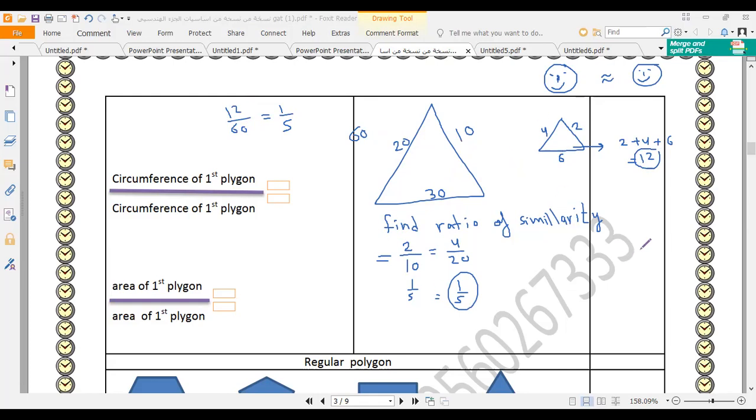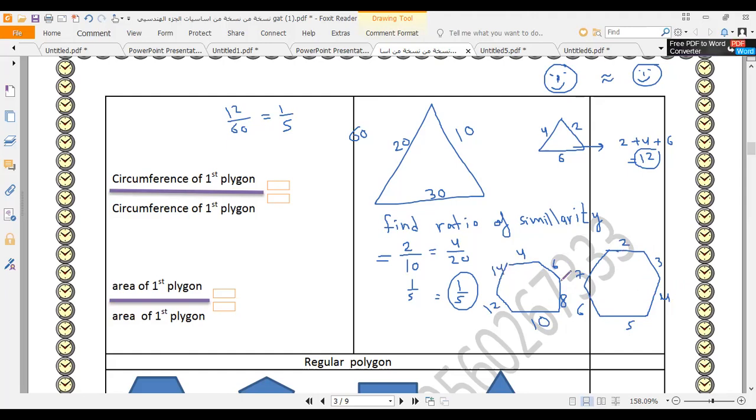For example, I can say this is a hexagon, and this side is 2, this is 3, this is 4, this is 5, this is 6, this is 7, but I have another hexagon. And this one is written as 4, and this is 6, and this is 8, and this is 10, and this is 12, and this is 14.